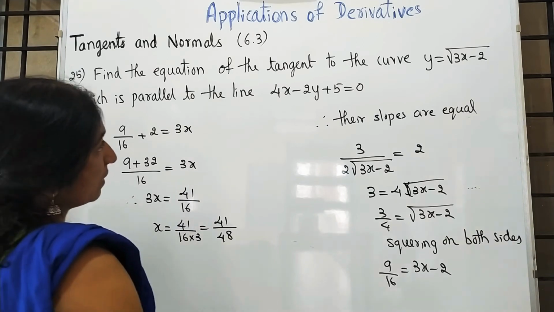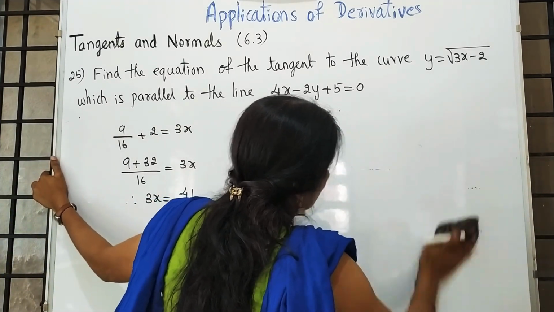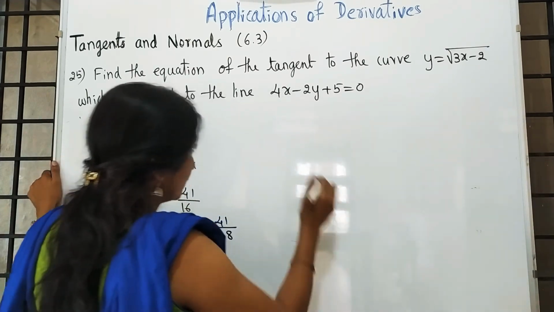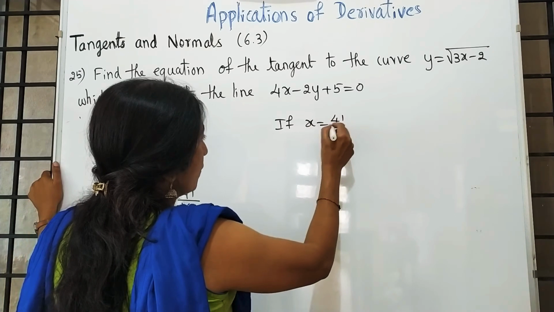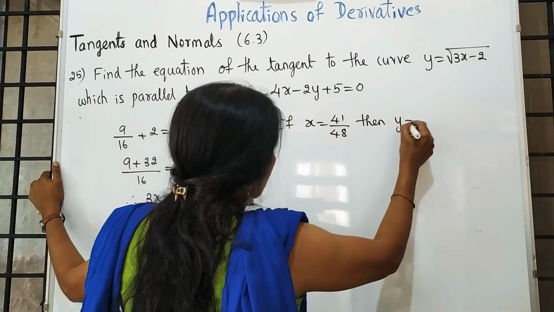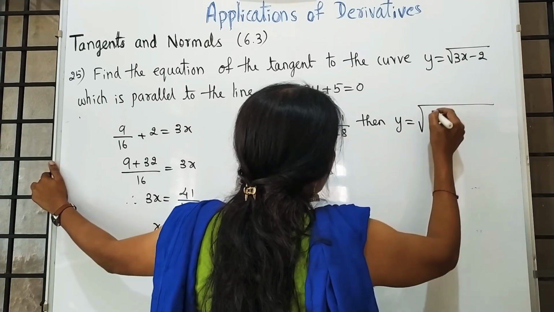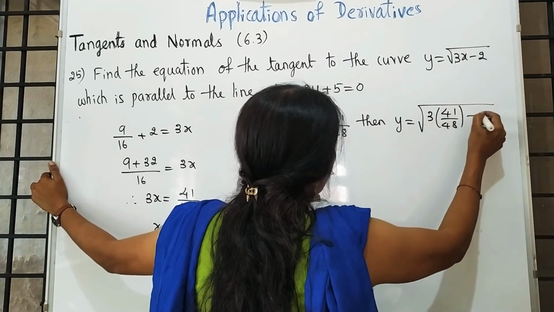Now if x is 41 upon 48, see what is y value. If x is equal to 41 upon 48, then y is equal to root of 3 into 41 upon 48 minus 2.